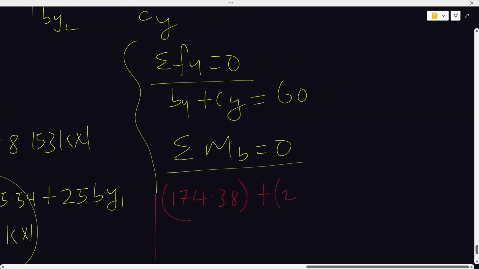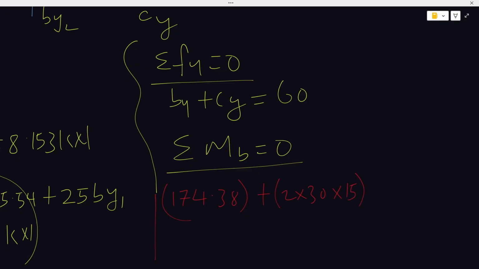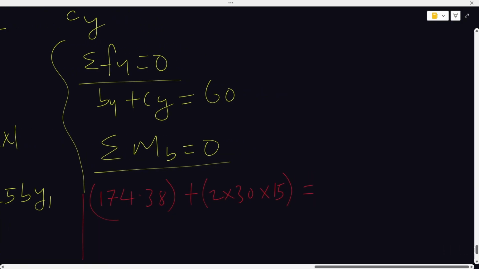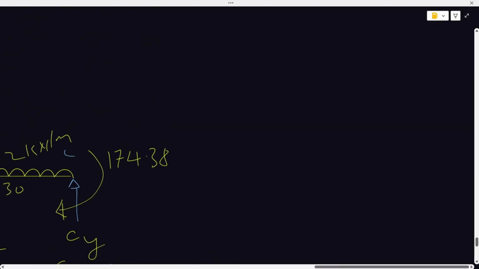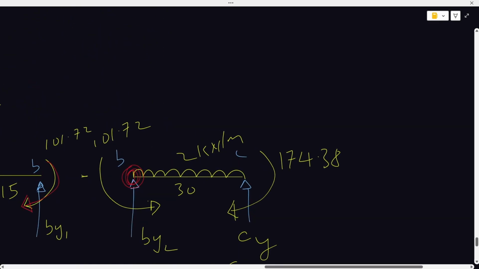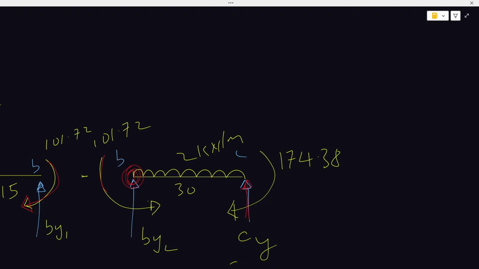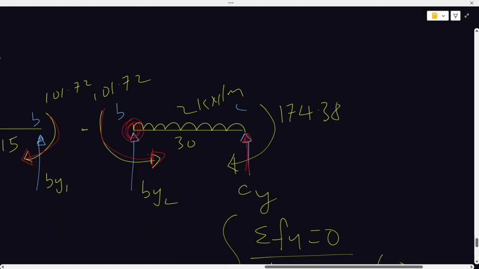Plus 2 times 30 times 15, all clockwise, will be equal to anti-clockwise 101.72 plus 30 Cy. Doesn't it make sense? This will be anti-clockwise, and this also, moving on the ball, will be anti-clockwise.